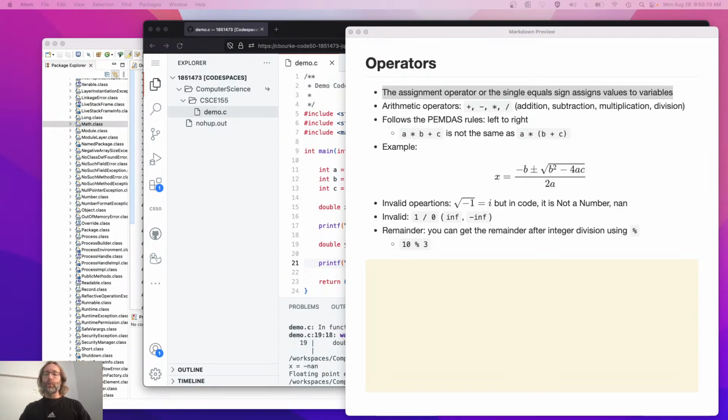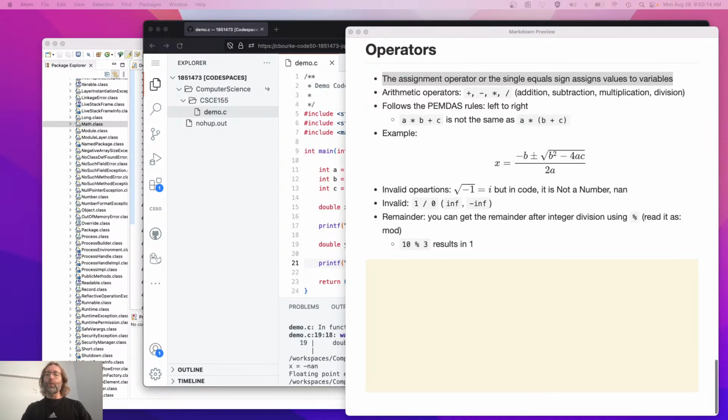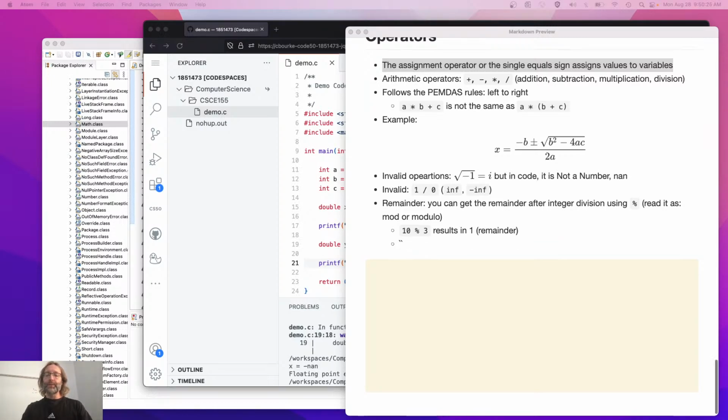Results in 1. This is read as mod or modulo. Mod is short for modulo. So if I say 10 mod 3 or 10 modulo 3, then the result is 1, the remainder. What if I did, say, 10 mod 2? Results in 0. There is a 0 remainder because 2 goes into 10 evenly.